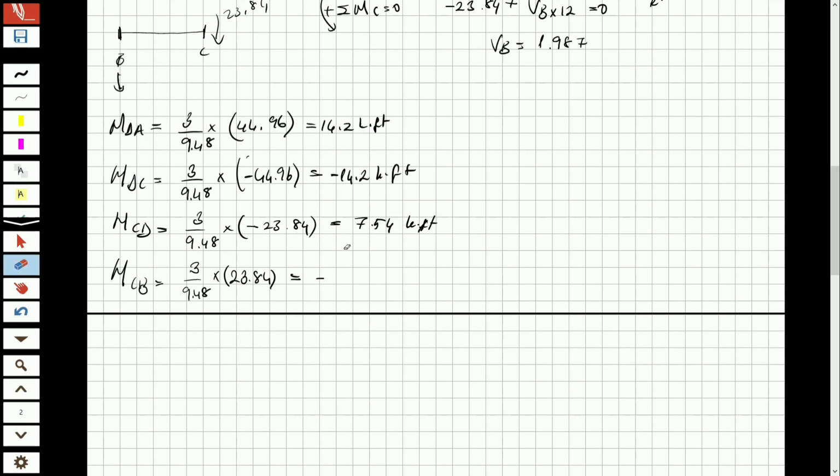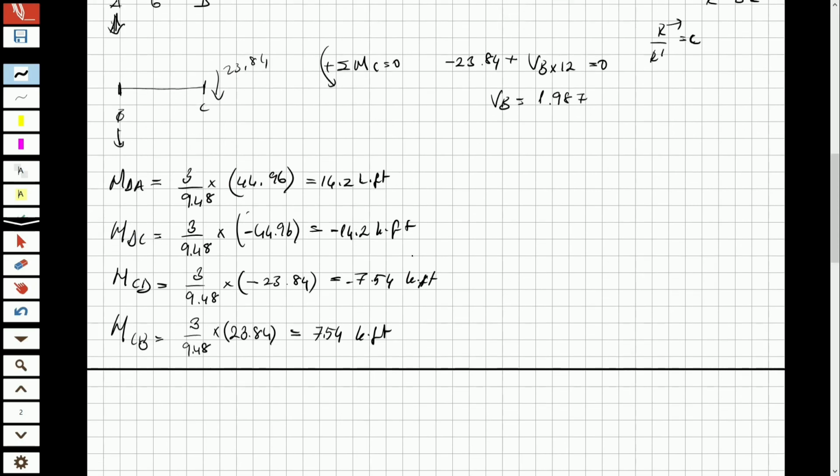Excuse me, this will be equal to negative, and this will be negative, this will be positive. 7.54 kip-feet. Now we find the moments. The last moments are these. We need these moments, so we obtain the moments.